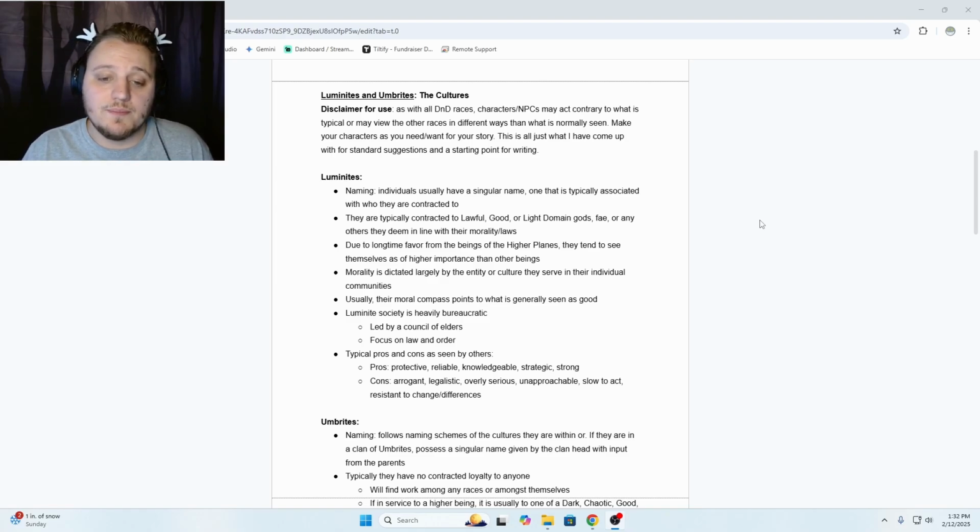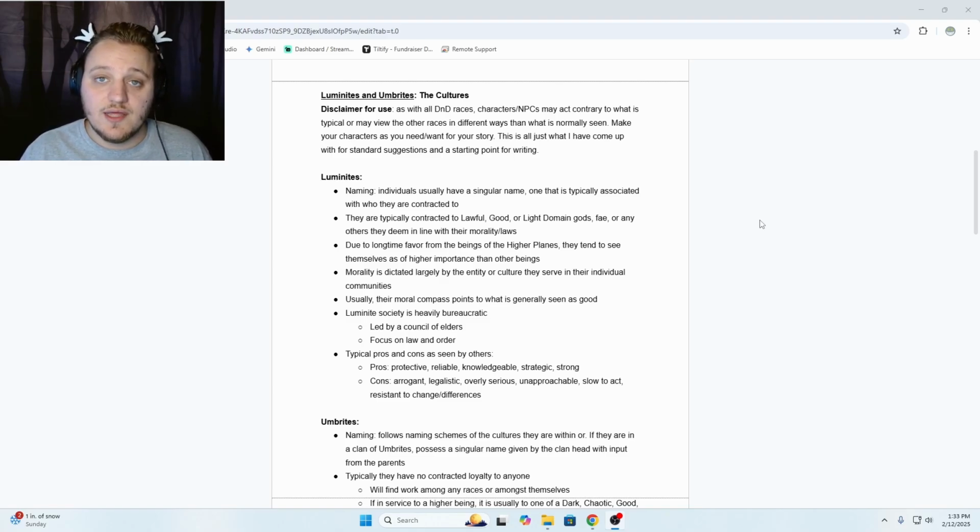But usually their moral compass tends to point to what is generally seen as good. They're usually good-leaning creatures. Luminite society is heavily bureaucratic. It's led by a council of elders, and the focus of the culture is very much on law and order. They follow whatever laws that they have imposed pretty well to a T as best they can.